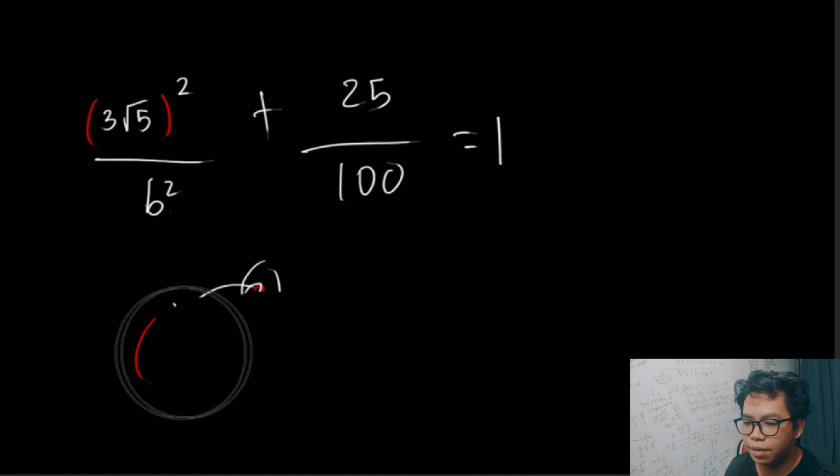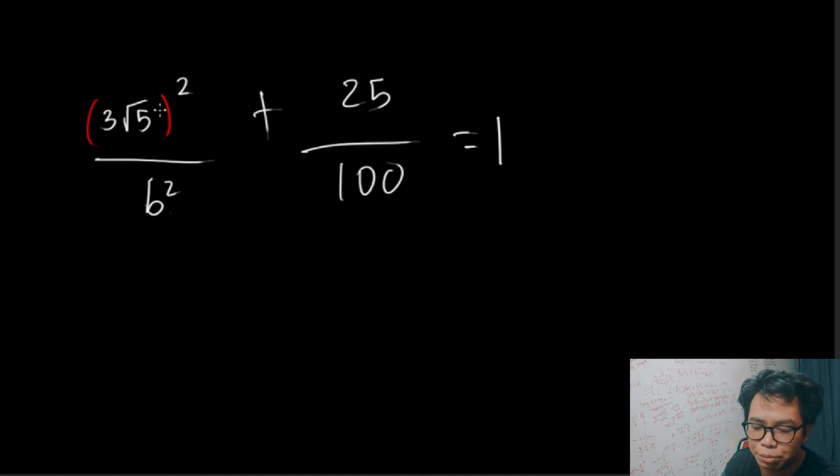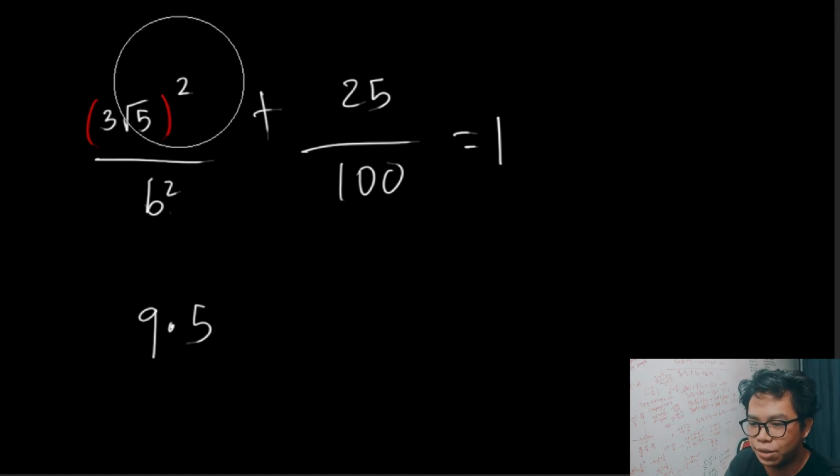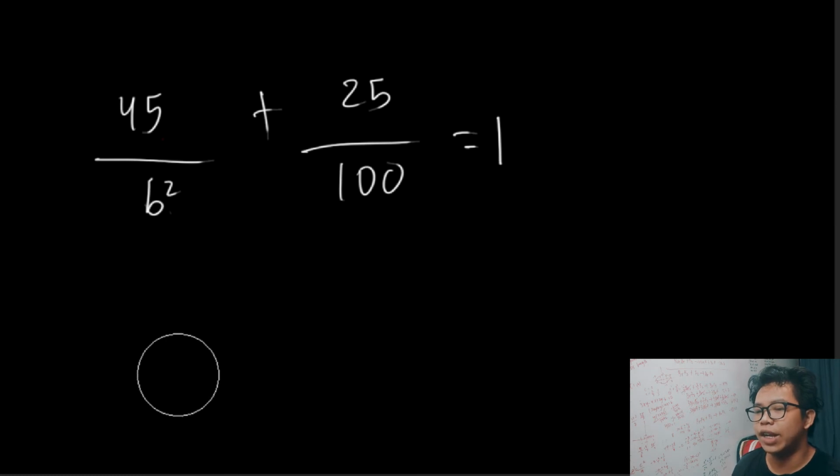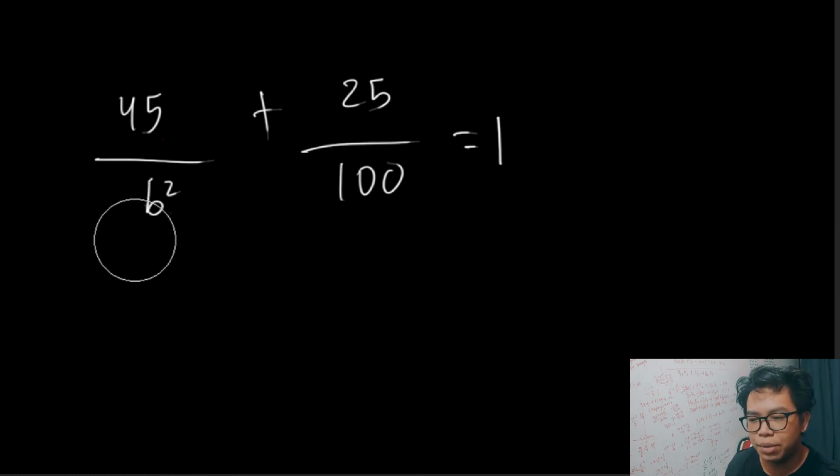So, ibig sabihin, 3 square root of 5 squared is equal to 3 squared, 9, times square root of 5 squared, buburahin lang yung radical, edi 5. 9 times 5 is 45. So, ang sagot dito, 45. Ang hinanap natin b squared. Anong gagawin natin?